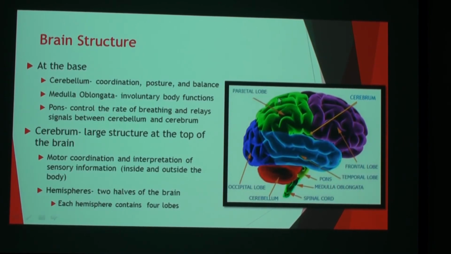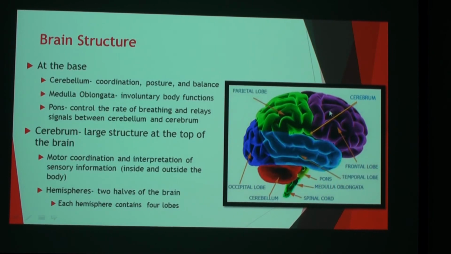This big structure is the cerebrum, and the cerebellum is the small part right here in red. Okay, so the cerebrum is what helps us with motor coordination and interpretation of sensory information inside and outside the body.